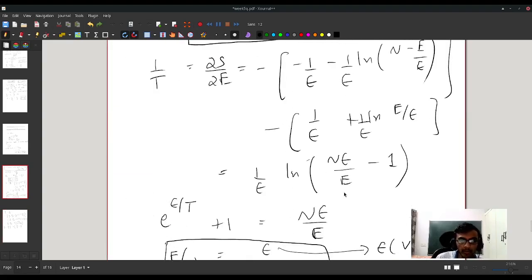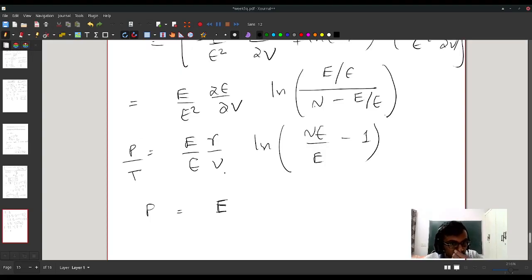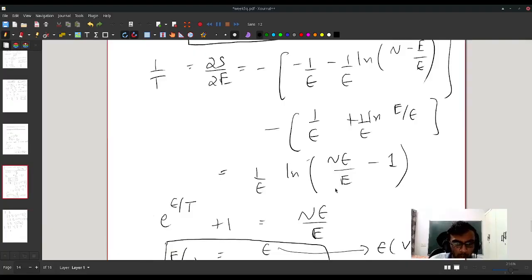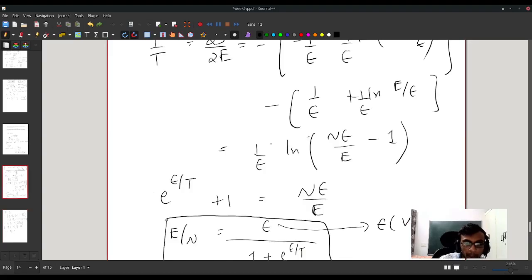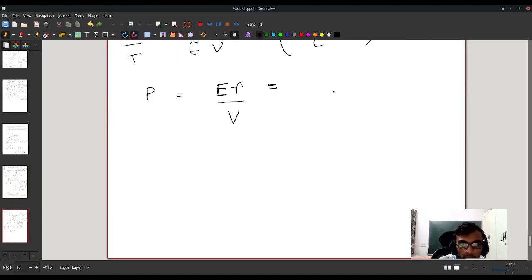Then P would be epsilon E. So this log term is going to be cancelled, and epsilon P is going to be E gamma by V. This is when expressed in terms of energy, so energy is going to be epsilon N by this factor.